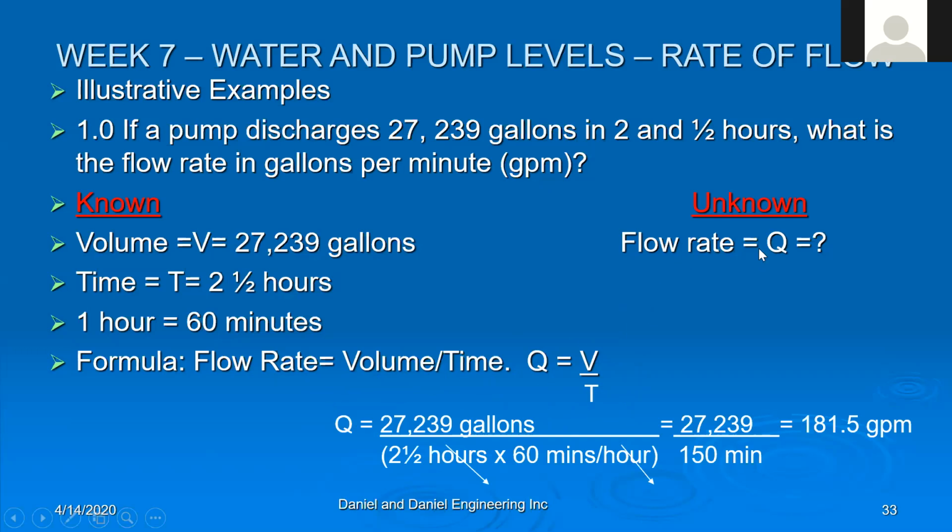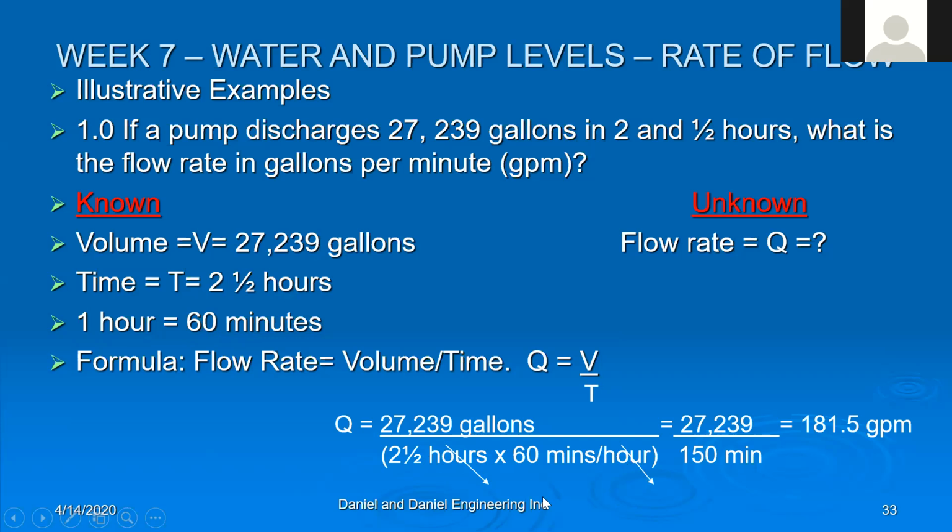So in our case, Q, as I say, is the flow rate which was asked of us. Q would be the volume, 27,239 gallons, divided by what time? 2.5 hours. But I know that 1 hour equals 60 minutes. So we bring 2.5 hours to minutes, because we want gallons per minute: 2.5 hours multiplied by 60 minutes per hour.